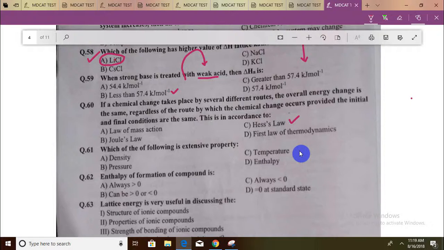For example, the ratio of an object's mass and volume, that is density, the ratio of an object's mass and volume, which are two extensive properties, is density, which is an intensive property, because extensive is something that is changeable.